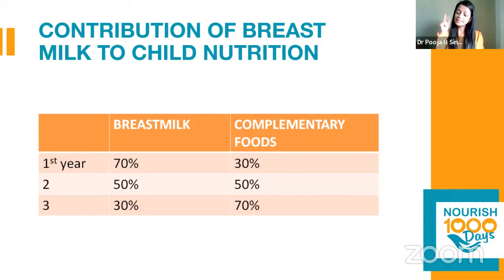Okay. Then in the second year of life, that is 12 to 24 months, the baby will still get 50% of their total nutrition requirements from breast milk. And then in the third year of life, that is 24 months plus, still 30% of the nutrient requirements will be met by breast milk. Only the rest through complementary food.